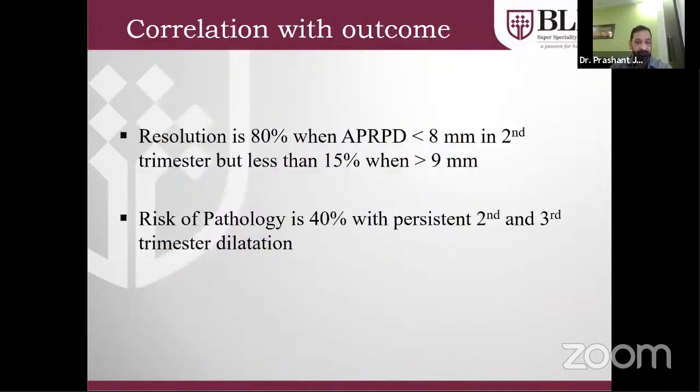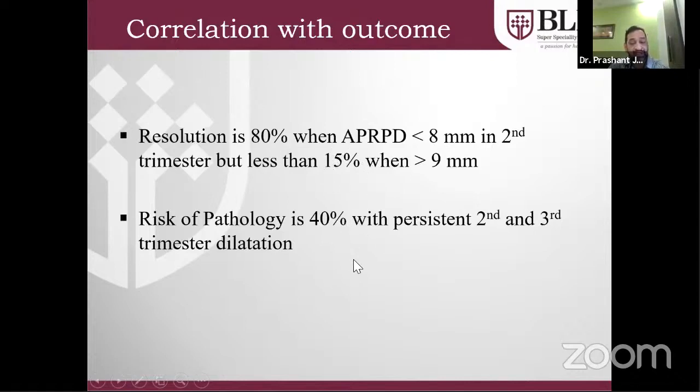Now, it has been observed that whenever the anteroposterior diameter is less than 8 mm during second trimester, then the chances of resolution are almost as high as 80%. But if it is more than 9 mm, then the chances of resolution are less than 15%.